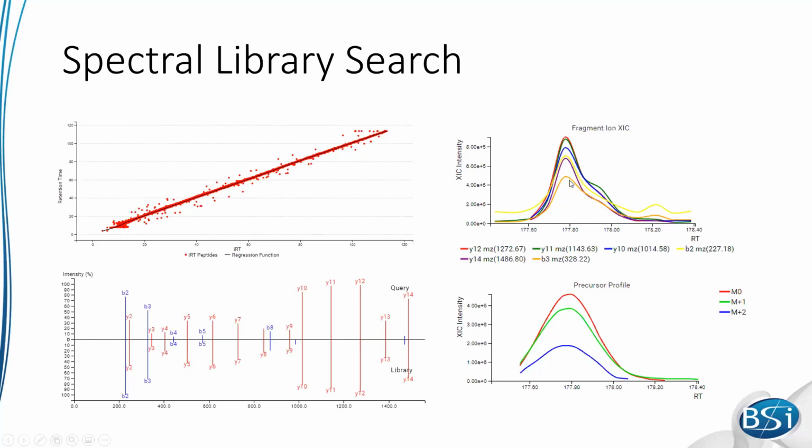As well, we look at the distribution of the fragment ions across the retention time range and look at the precursor peptide profile. And the result of that is you get a match between your actual query spectrum and your library spectrum.